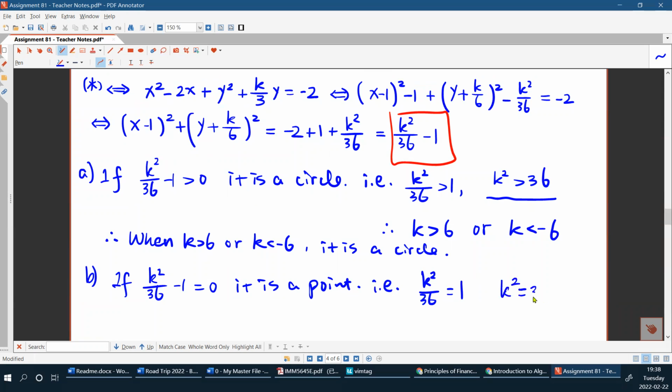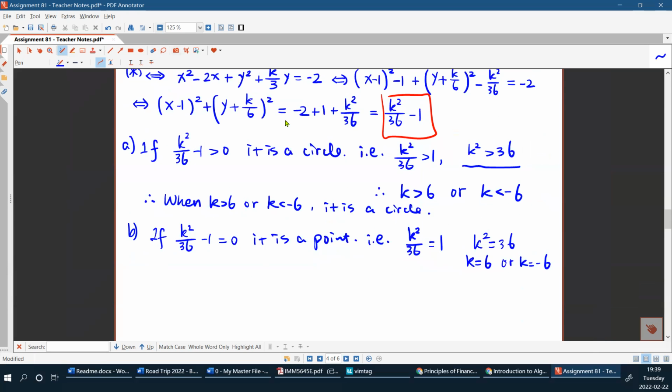Then k squared is 36, which means k is either positive 6 or negative 6, right? And can you see which point it is? Can you tell me the coordinates of the point? It's 0, -6 or 6.